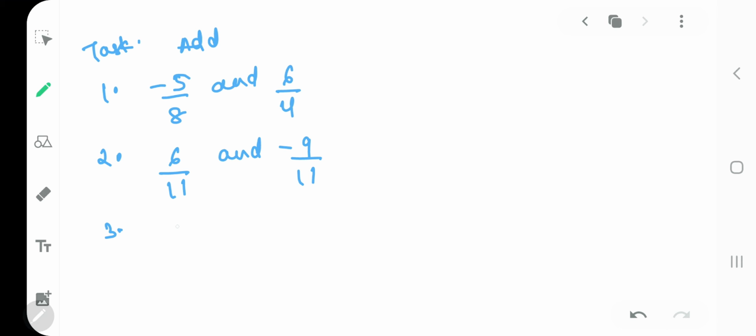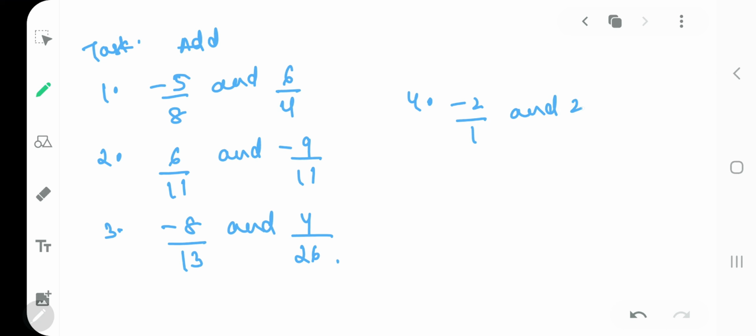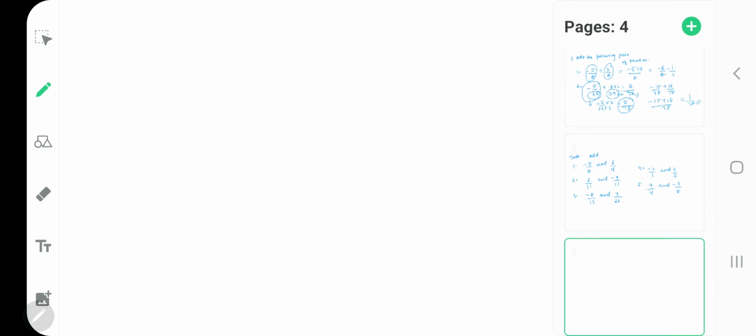Number 3, minus 8 by 13 and 4 by 26. Number 4, we have minus 2 by 1 and 2 by 5. And number 5, 9 by 4 and minus 3 by 8. Is that clear? Can you do that? Yes.